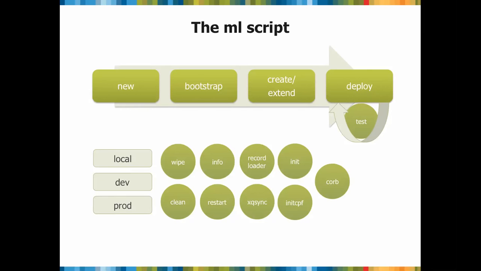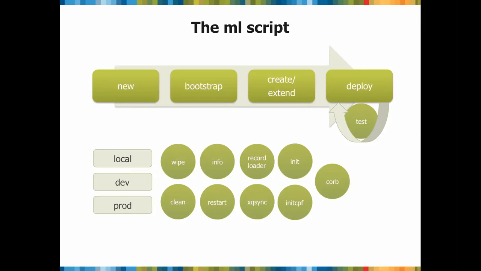And wipe will clear all those off completely. Clean is similar in that it takes some stuff off, but all it does is empty out the contents of either your content database or your modules database, depending on what you specify. It leaves the configuration alone. It does not delete the database, it just deletes the content.